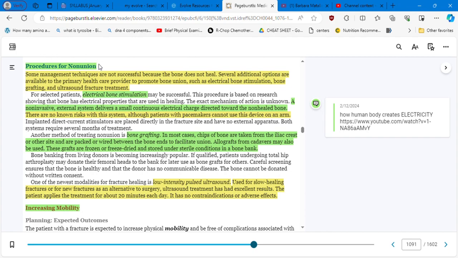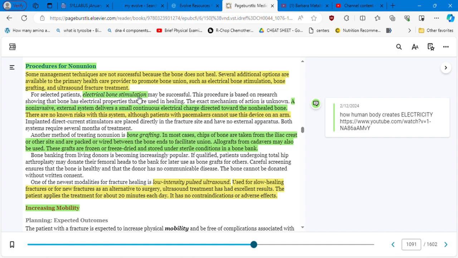Procedures for non-union. Some management techniques are not successful because the bone does not heal. Several additional options are available to the primary healthcare provider to promote bone union, such as electrical bone stimulation, bone grafting, and ultrasound fracture treatment.